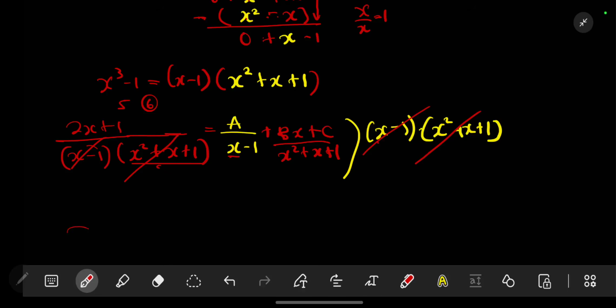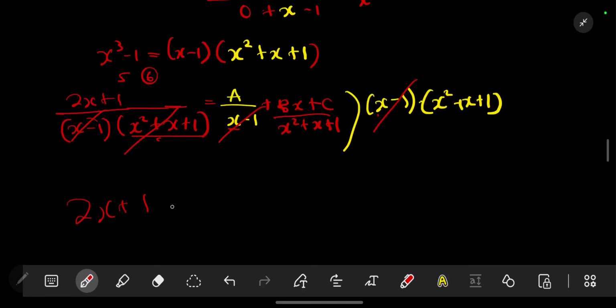But so we are going to have our 2x plus 1. But remember, this number is multiplying everything. So on the second part, this multiplied by this one and this one will cancel each other. So we have our a, open brackets, we are remaining with our x squared plus our x plus our 1. Likewise, when we have our final part, this multiplied by this one and this one will cancel each other.